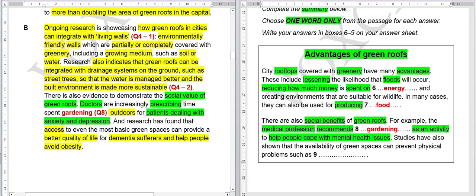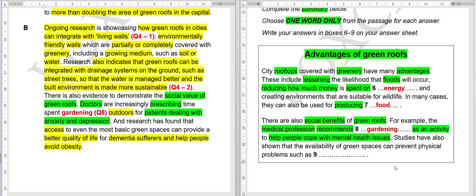So for that we have doctors prescribing. What they are prescribing? Time spent gardening outdoors. So gardening outdoors, we obviously cannot use more than one word. So we have to write gardening. Outdoors will not be considered as an activity. So we are doing the activity outdoors. Again, mental health issues we have already established, that means anxiety and depression. I hope it is clear.